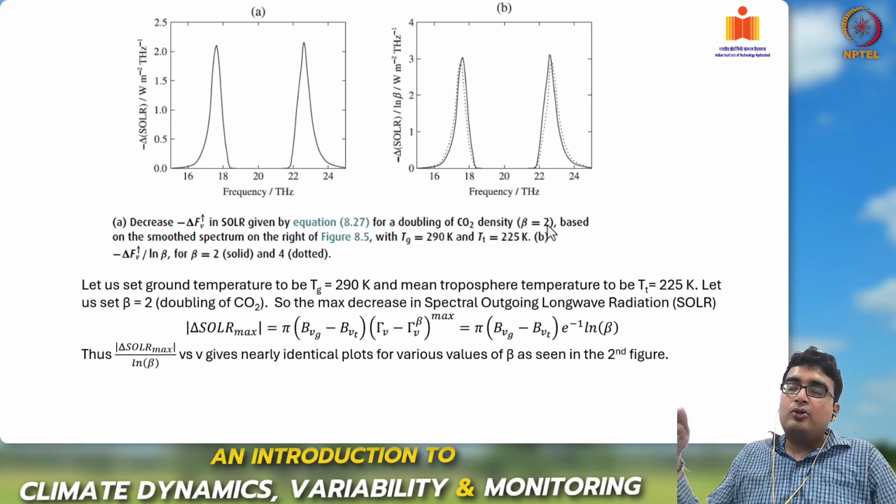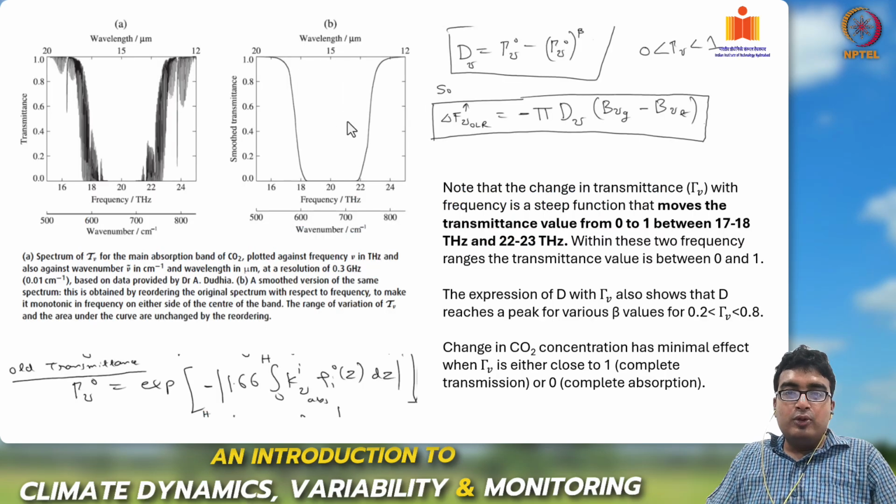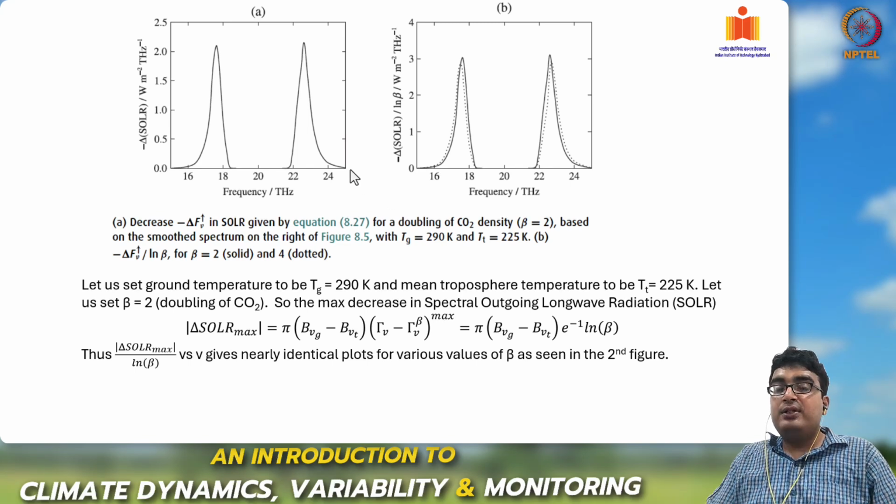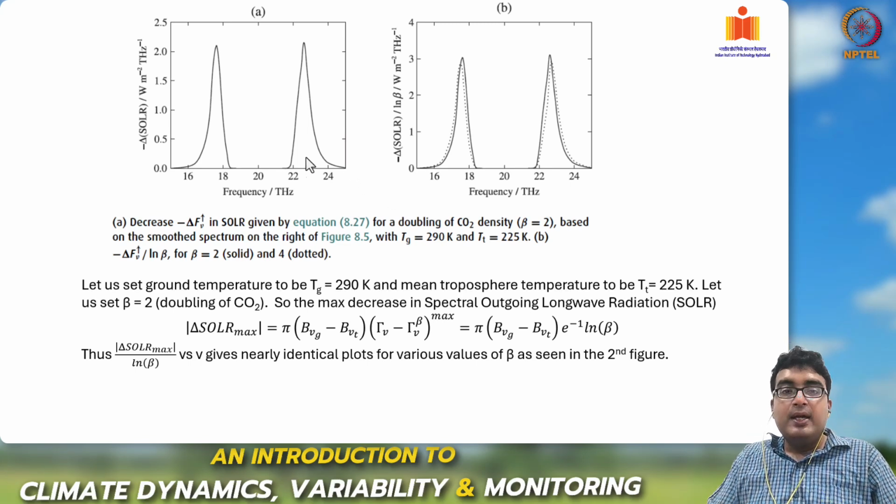So, CO2 concentration has increased twice, and we have used this smooth function to evaluate this expression for this frequency range from say 15 terahertz to 25 terahertz, and we see the main change.